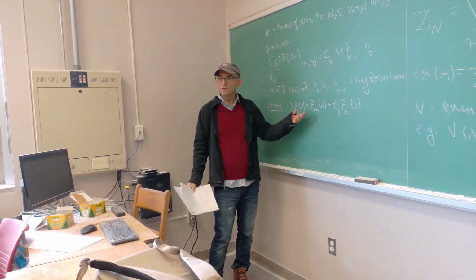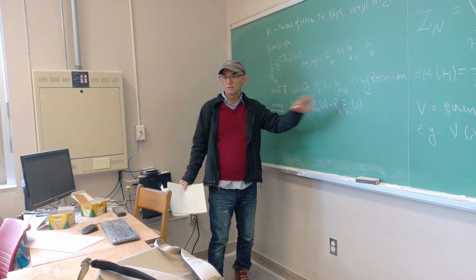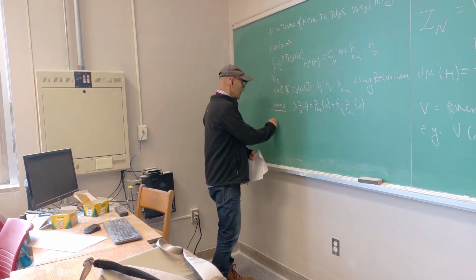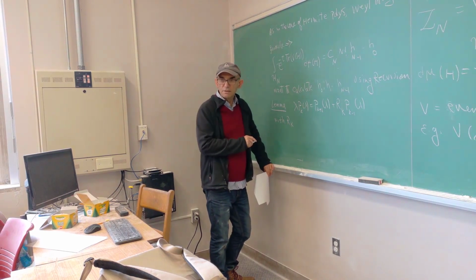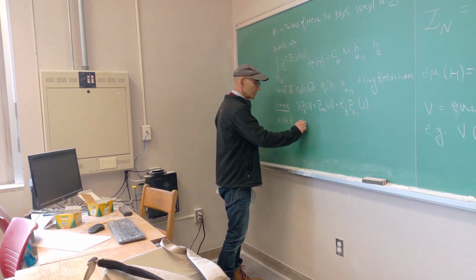So this is an identity between polynomials, and this R_k is a constant, with no lambda dependence. This is a certain constant that we cannot determine now, but we will soon say something very important about R_k.